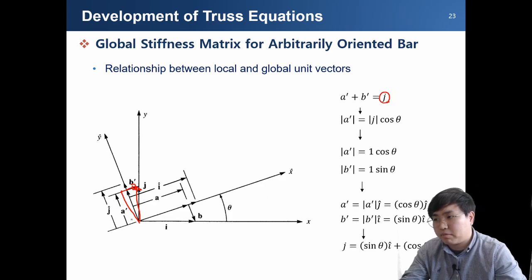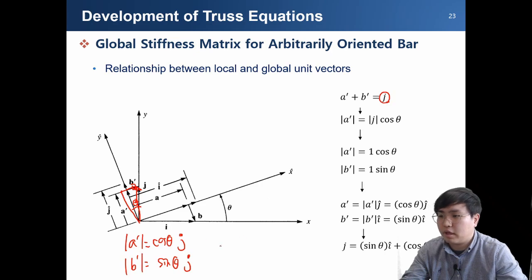Vector A prime is a projection of the J vector, with the same angle theta, so cosine theta, and then B prime is a sine theta J. However, this is a magnitude of the vector, and J is a unit vector, so we should take the absolute value.